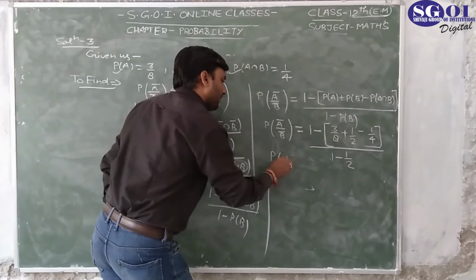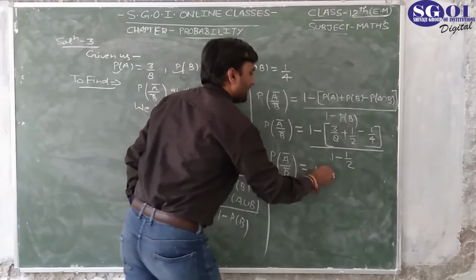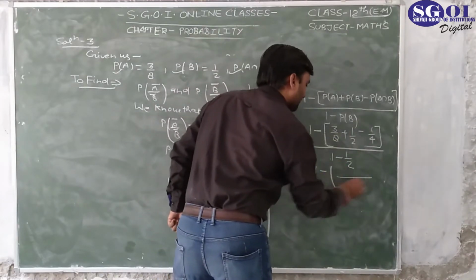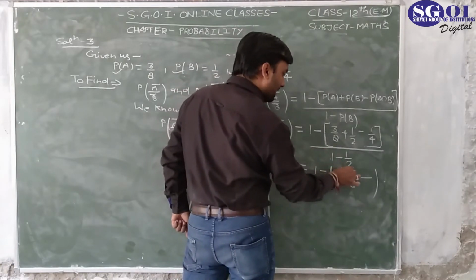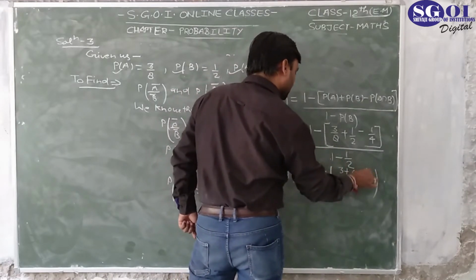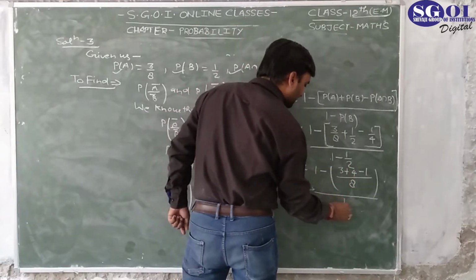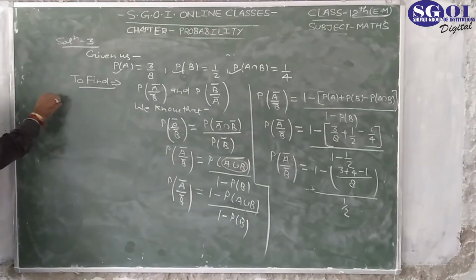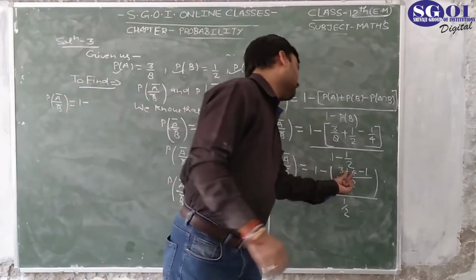This gives us probability of A bar upon B bar is equal to 1 minus, here we can take the LCM, by which we can get numerator 3 plus 4 minus 1, upon 1 minus 1 by 2, which gives us 1 by 2.